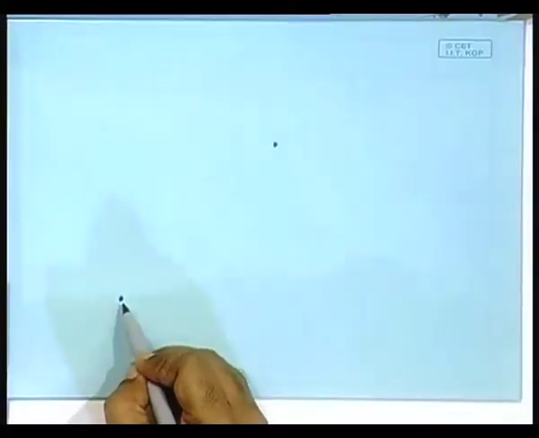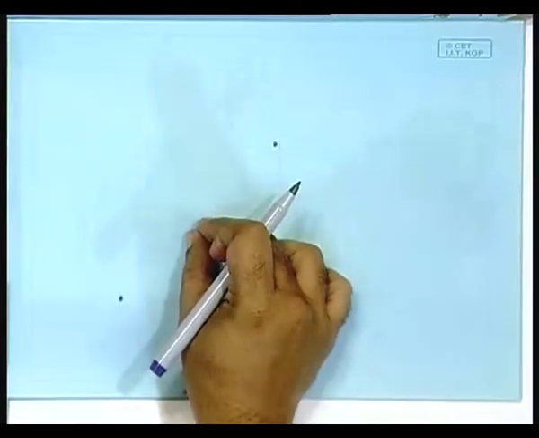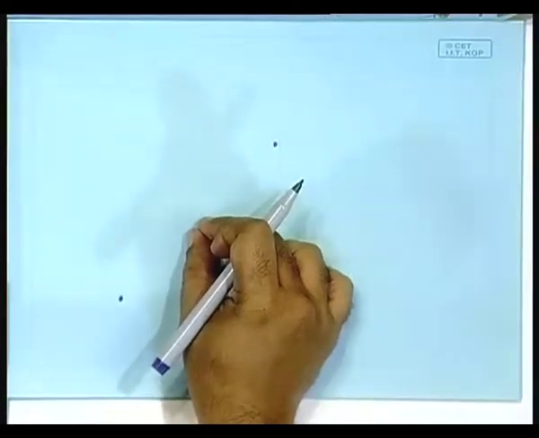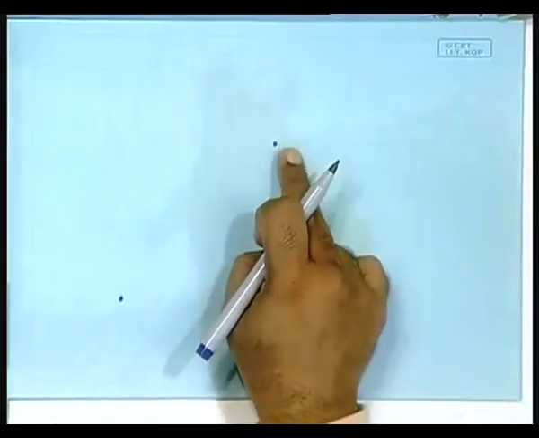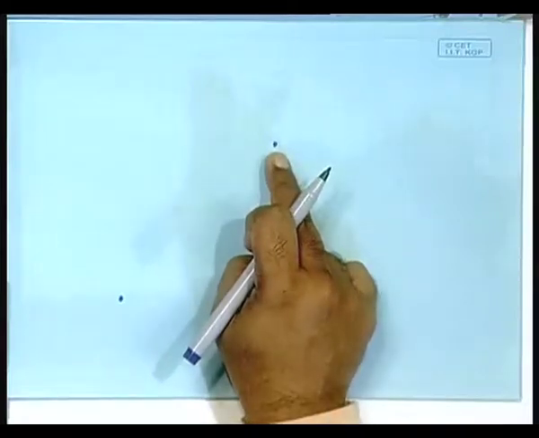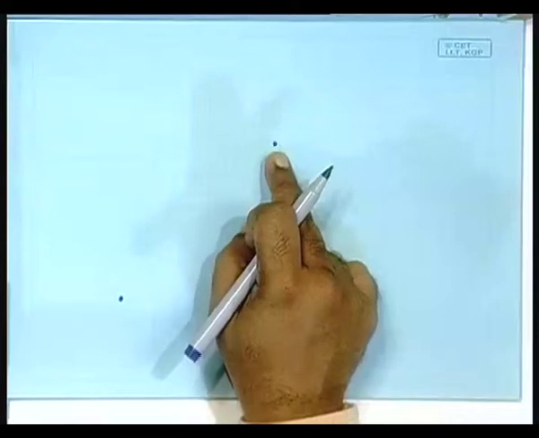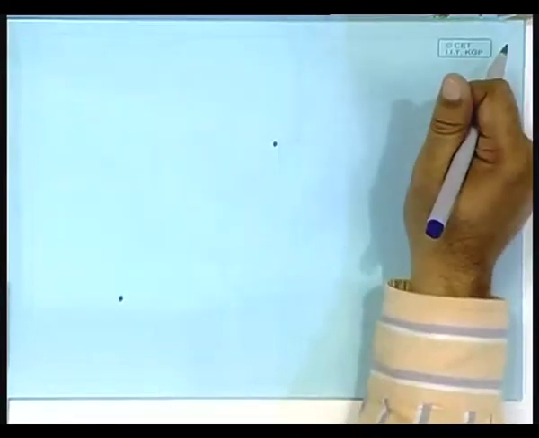So, at some parameter value, both of them were born through a saddle node bifurcation, and this fellow was the saddle, that fellow was the node, and that node also became a saddle beyond a certain parameter value. So, beyond a certain parameter value, you would expect two saddles to exist, this and that. Okay.